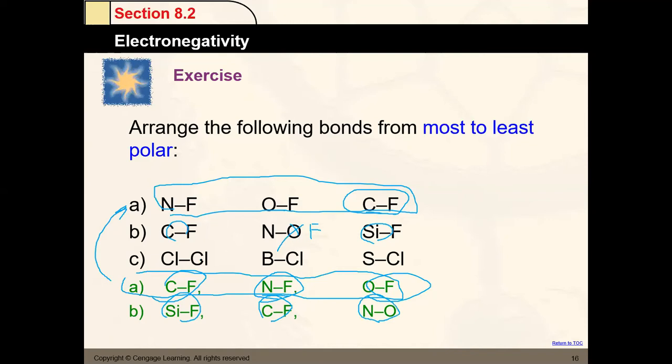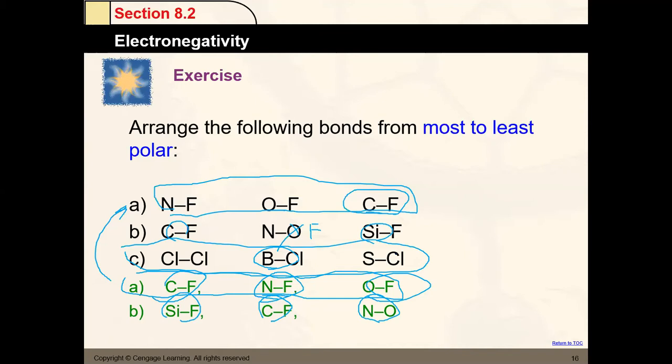So before I open the last one, the most polar should be boron chloride, right? If we look at the trend, because the distance between boron and chlorine, if you look at the periodic table, it would be 1, 2, 3, 4, 5, five elements difference.